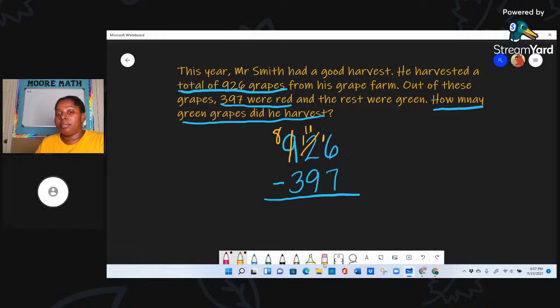16 minus 7. So 10 minus 7 is 3. But 16 minus 7. 9 minus 7 is 2, right? 16 is a lot bigger than 9, so it's going to be a bigger number than 2.